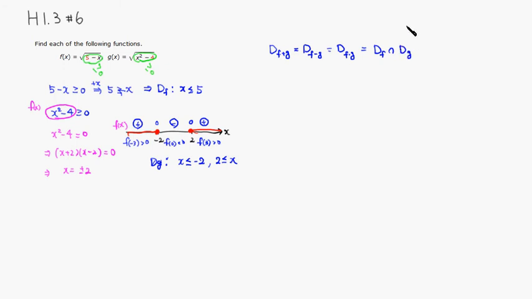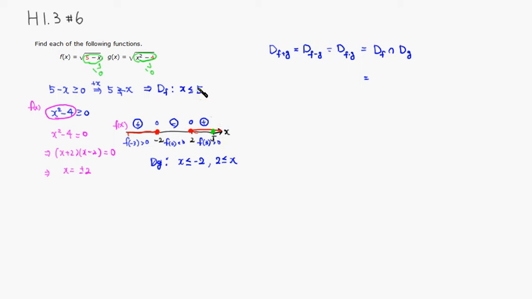So it has to be less than or equal to 5, and I'll write that in green.